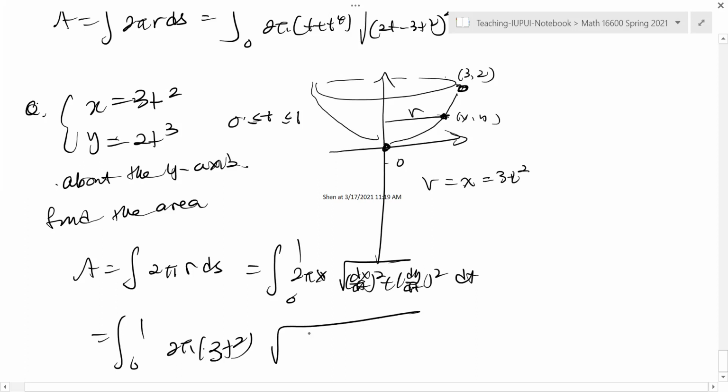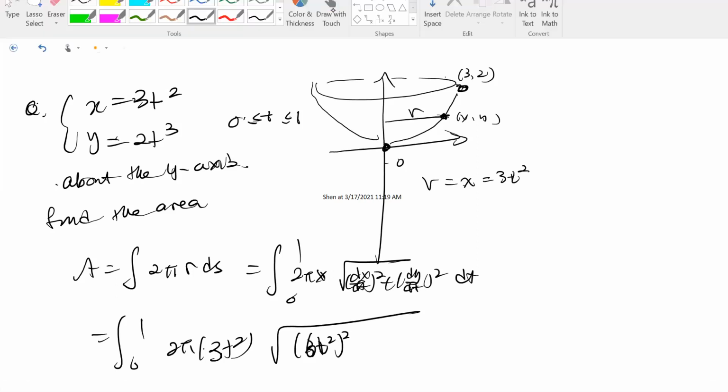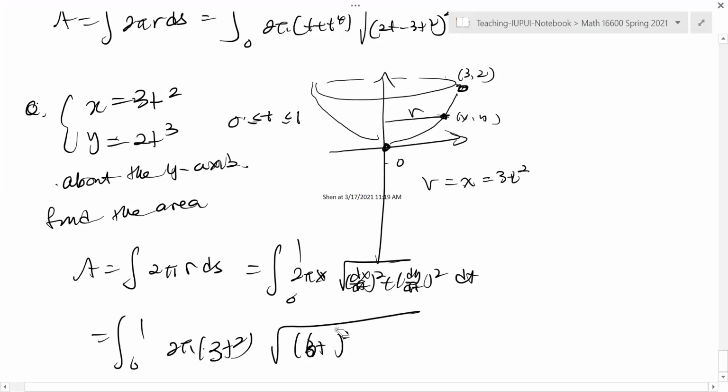And then here, 3t squared. Now we have to differentiate. So it's 6t. Okay. And then the derivative of y with respect to t is also 6t squared, and squared.